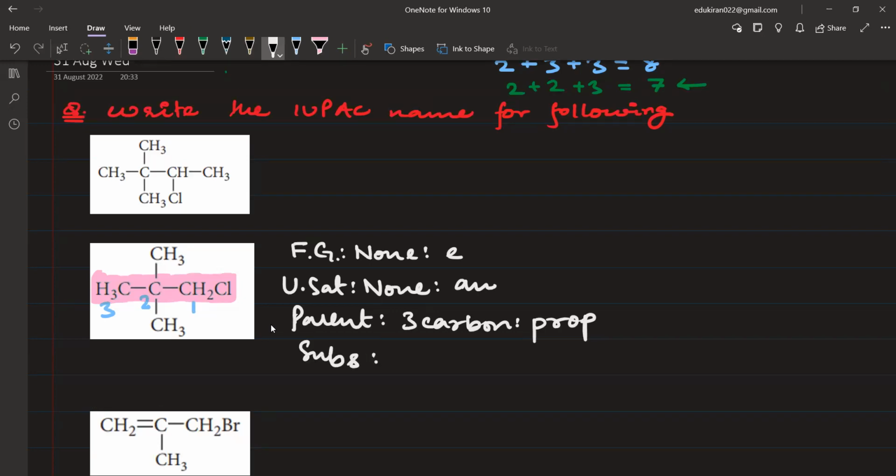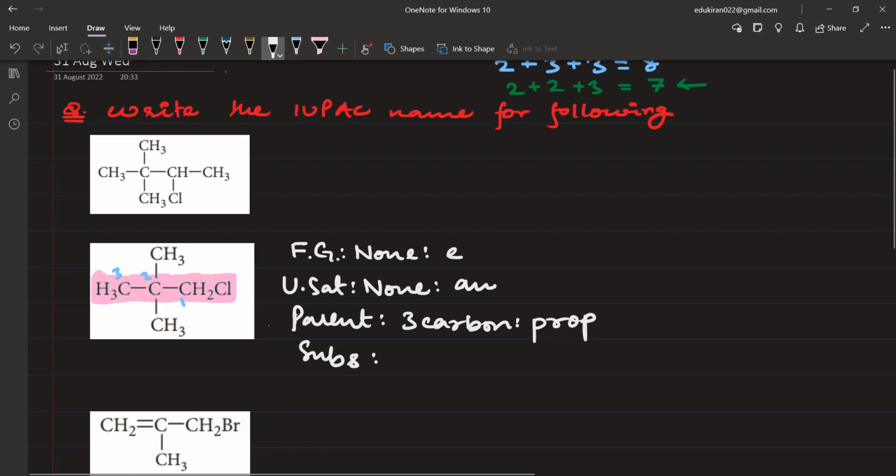So what do we have as a substituent? Please tell me. What do we have as substituents? Doesn't anyone get it? Wafia, Razan, Fatima, Ahmed, tell me. Yes, 2,2 dimethyl.